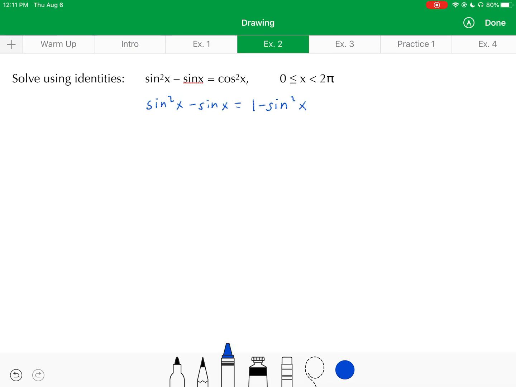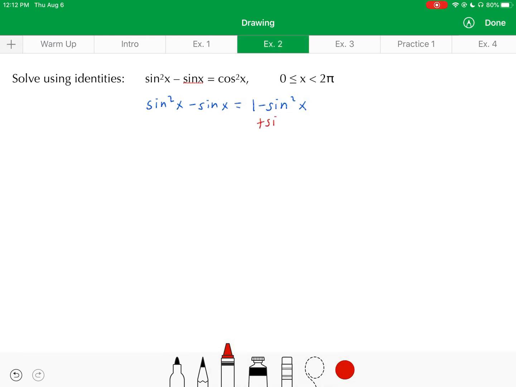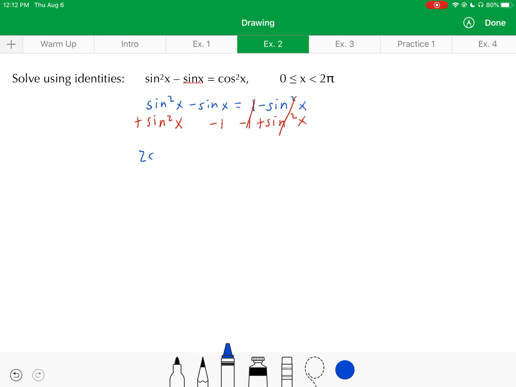So I'm going to add sine squared of x to both sides. Those, of course, cancel out. And then I'm also going to subtract 1 from both sides. So that's going to lead me to 2 sine squared of x minus sine of x minus 1 is equal to 0. And now we're back in a quadratic form again.